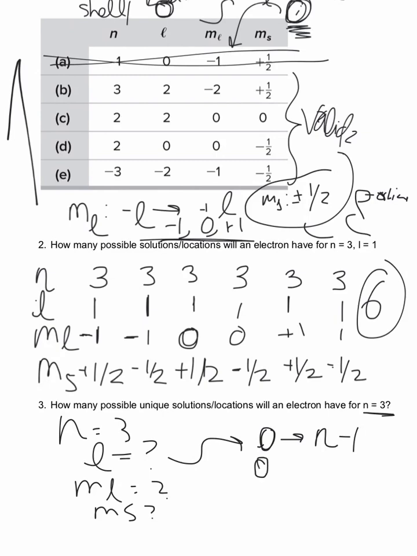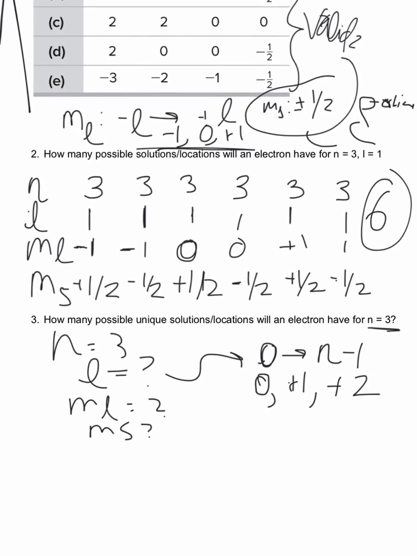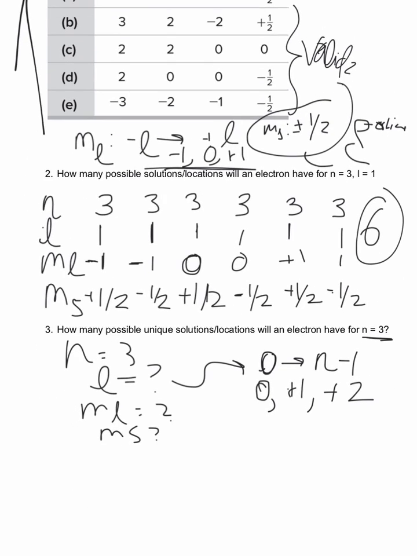So we can have 0, plus 1, and plus 2. And so what you'll have to do for n equals 3 is include all the different possibilities for M sub L and M sub S for each value of L.